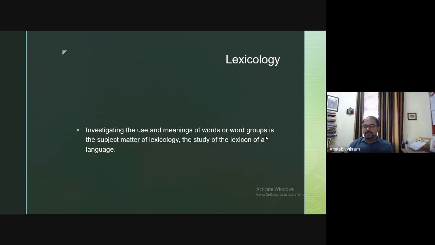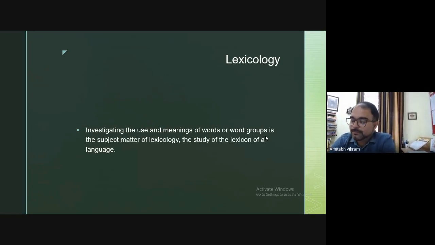So what are the lexicons that are there in the language that we study here? So this is one thing that we have.